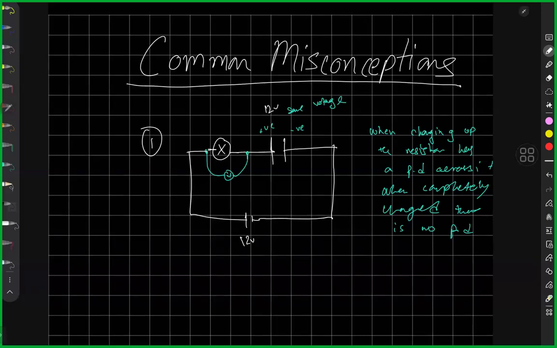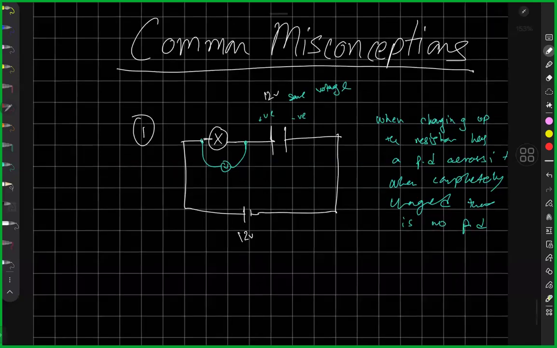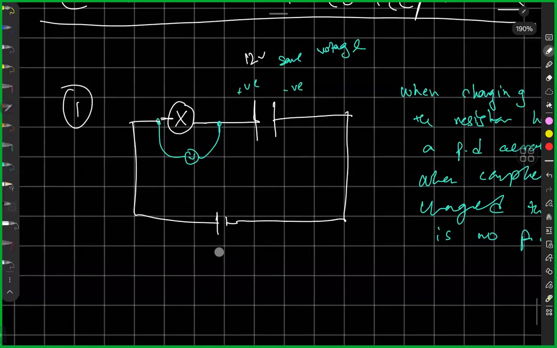Now, I did mention to you guys something last class probably, or before that, that the light will continue glowing in such a circuit. Now, my mistake was what I didn't clarify is, in that case, that would have to be an AC supply, not a DC supply. What does a direct current mean?